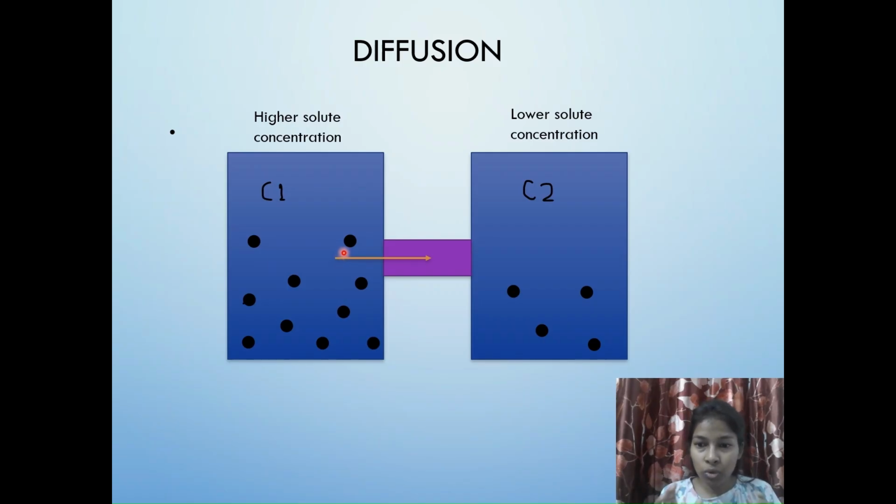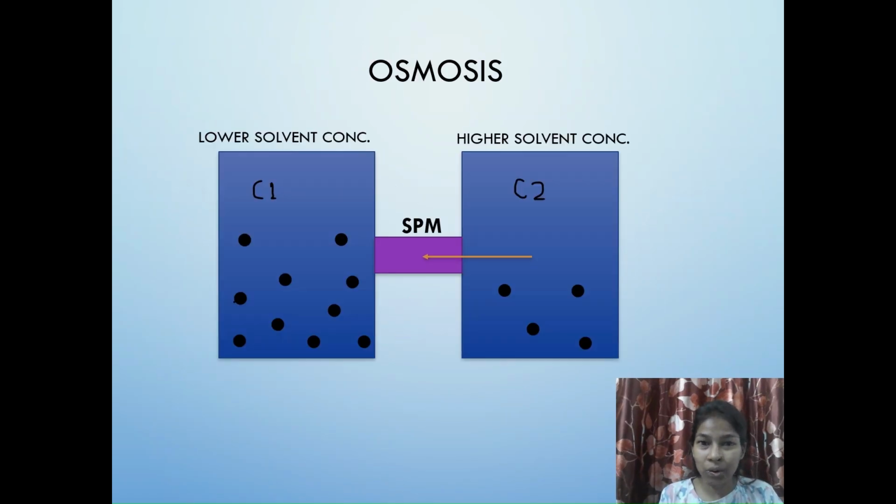So, we take two solutions, one having higher concentration and the other having lower concentration. Now we know that particles always move from higher concentration to lower concentration. Since C1 is having higher, the particles will move from C1 to C2. And this phenomenon is called diffusion. Let's quickly get back to osmosis.